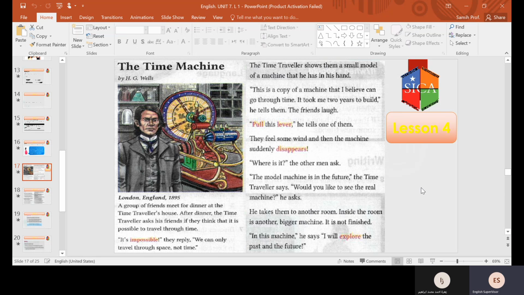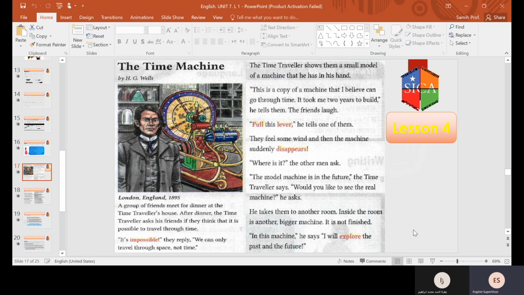So what do you mean by disappear? In English, please, in English. Disappear here means to be vanished. We cannot see it anymore. Great. The last word?